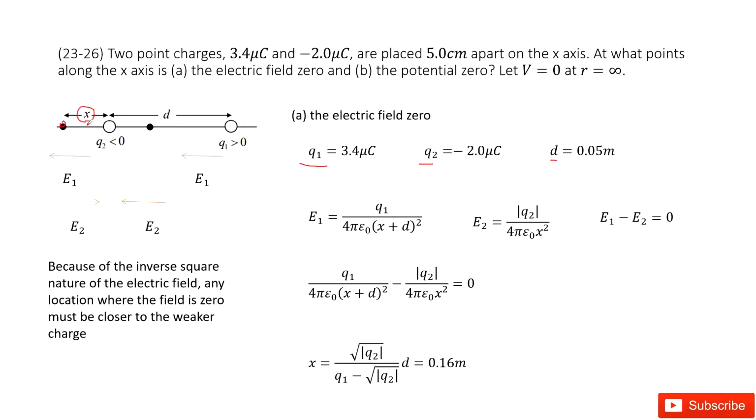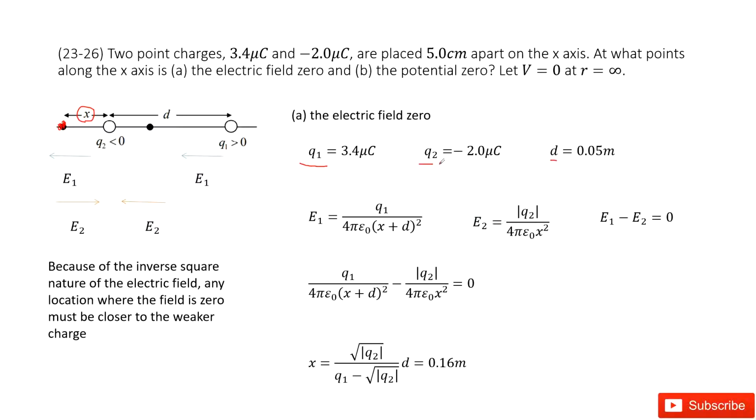Now we can write down the electric field E1 at this location. We just use the point charge Q1, which is positive, divided by 4 pi epsilon naught, and then distance squared. We can see the distance is x plus d, right, squared. And then we look at E2. E2 is the electric field due to Q2, so we use the point charge Q2 divided by 4 pi epsilon naught x squared, because the distance between this point and Q2 is x.